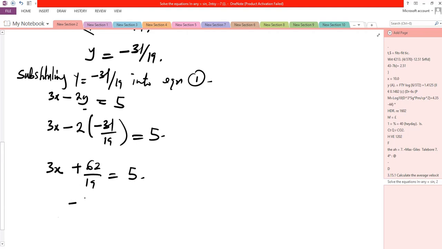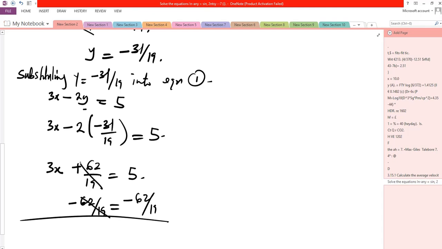We'll do minus 62 all over 19 to both sides so that the equality sign will still remain.